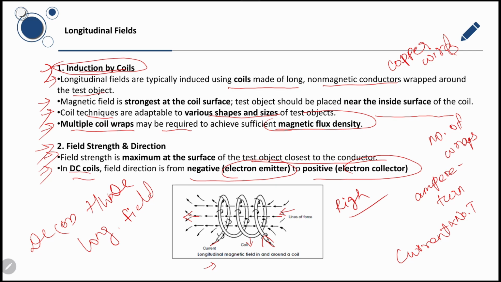This is called the longitudinal field. The field is strongest inside the coil. So, the test object should be placed there for inspection. The more turns of wire or the more current, the stronger the magnetic field.